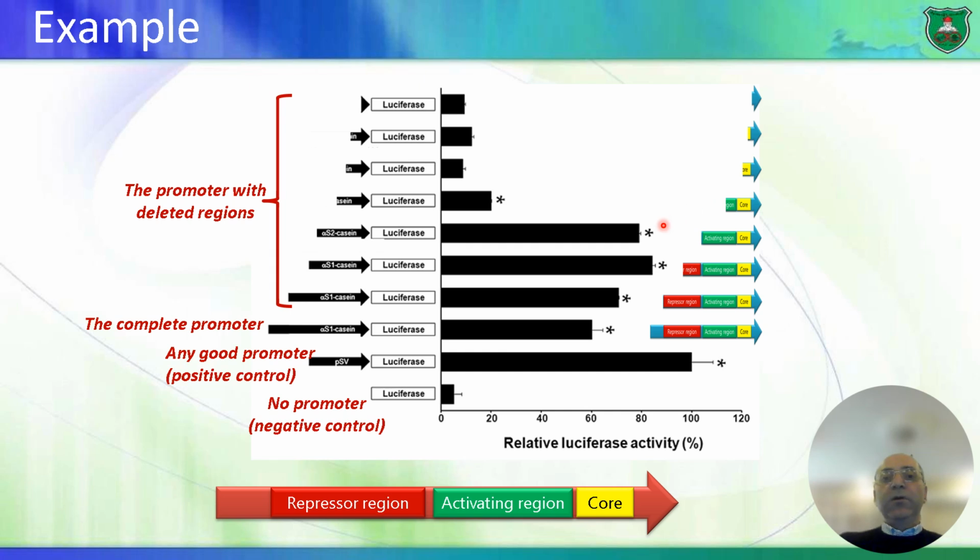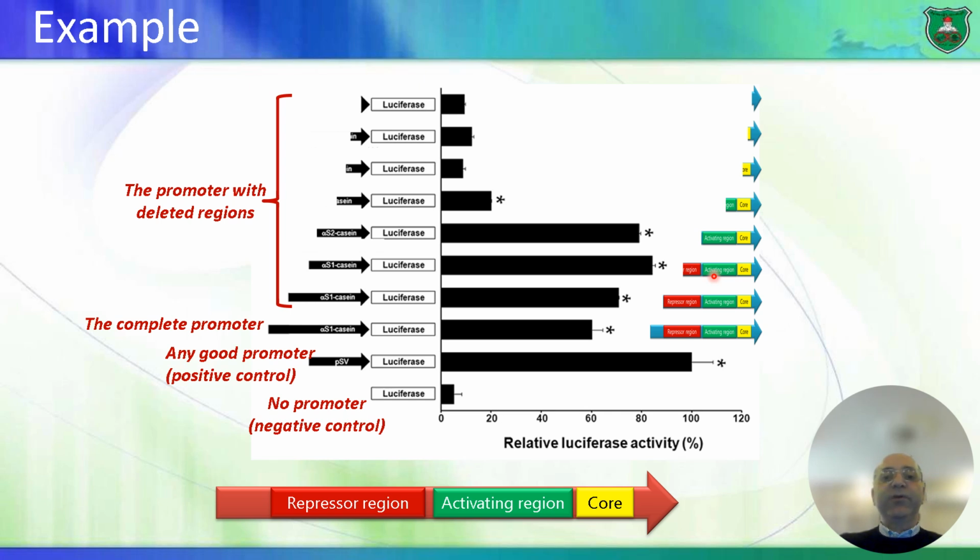There is a reduction in the amount of light that is produced. There is complete reduction in expression of the luciferase gene by removing the activating region. So I know that this region contains an activating region, because when we remove it, there is no expression of the luciferase gene.